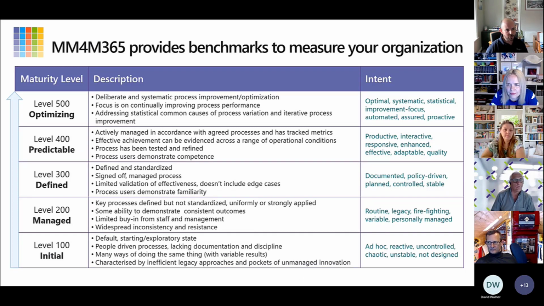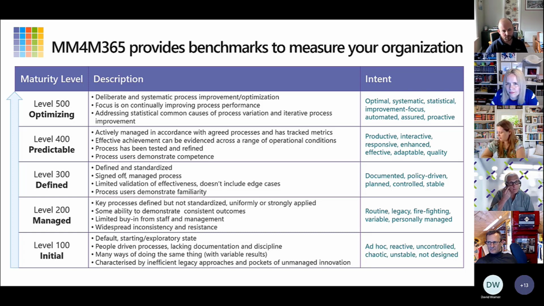So the maturity model, we've got our 5 levels. I see a lot of the same faces and names in the people tab, so quite a few have been through this before. The maturity model starts at level 100, that initial chaotic state, working its way up to level 500.